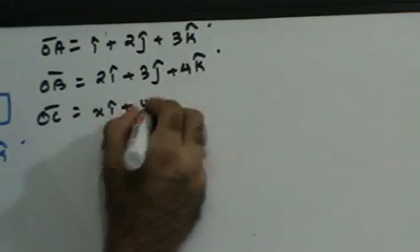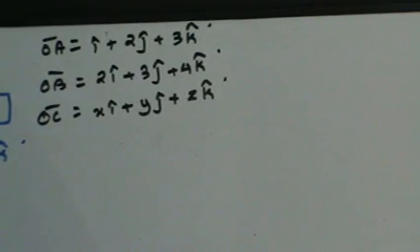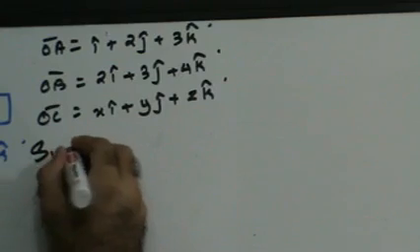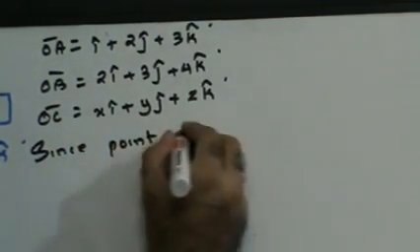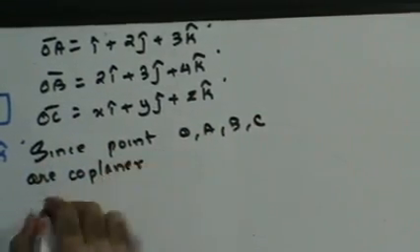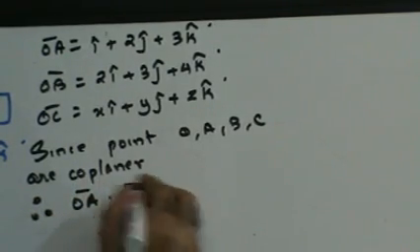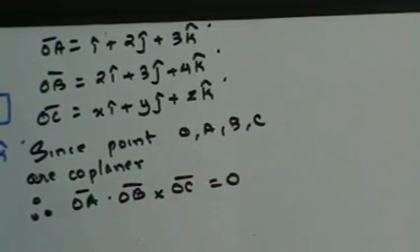OC vector will be nothing but xi vector plus yj vector plus zk vector. Now, once I have this, I can say that points O, A, B, C are coplanar. Therefore, the scalar triple product of OA vector dot OB vector cross OC vector should be 0. Since the points are coplanar, their scalar triple product should be equal to 0.